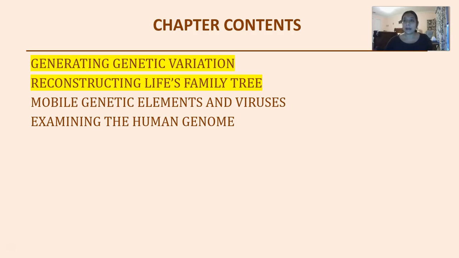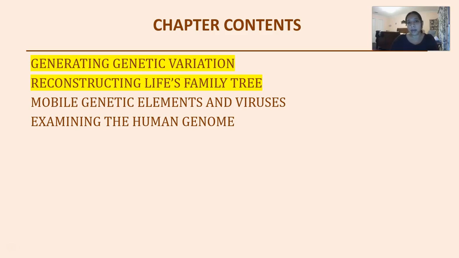So today we are going to be looking at another way that variations and changes happen in an organism's genome, with the help of mobile genetic elements or jumping genes, and viruses, which can also act similarly to these mobile genetic elements.